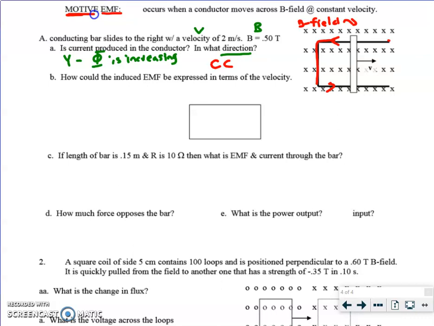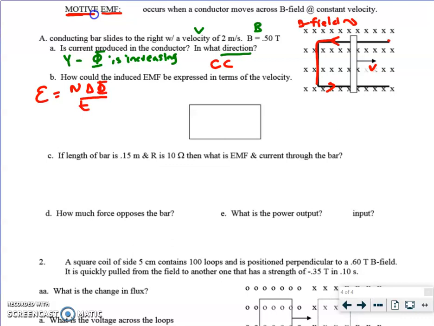So how could we calculate the amount of EMF in terms of the velocity? We know the faster it's moving, the faster the flux is changing, the greater the EMF. Well, we can basically just take Faraday's law and change it in terms of these parameters. So let's start with Faraday's law, where we have EMF equals, I'm going to ignore the negative, because the negative we took care of with the counterclockwise, N delta phi over t.